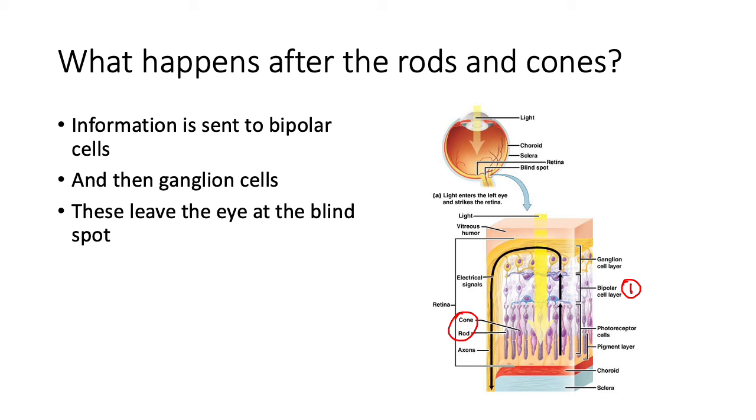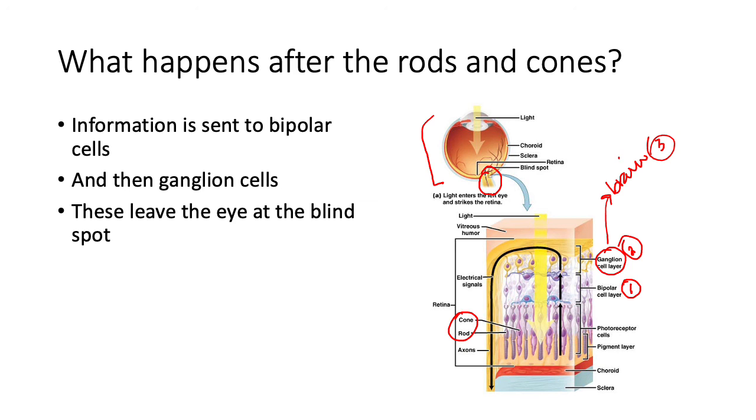And those bipolar neurons then signal to the ganglion cells, which are another type of neuron. Those ganglion cells leave the eye. If you look back at the overview of the eye, they leave through the optic nerve at the blind spot. So those ganglion cells leave, and that's what's going to go to our brain, which is the third step.